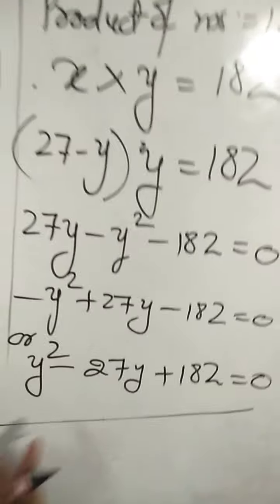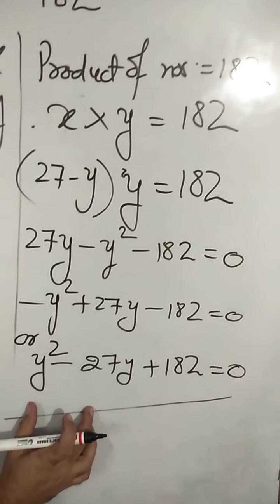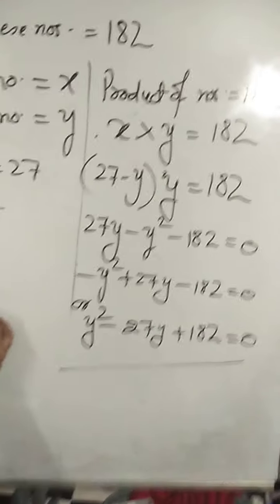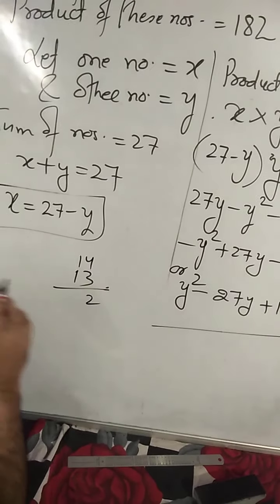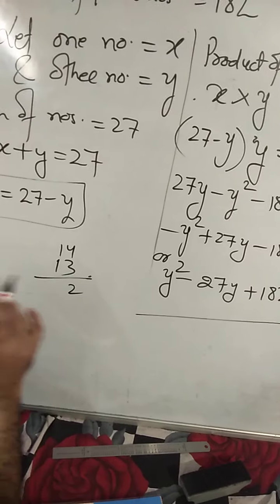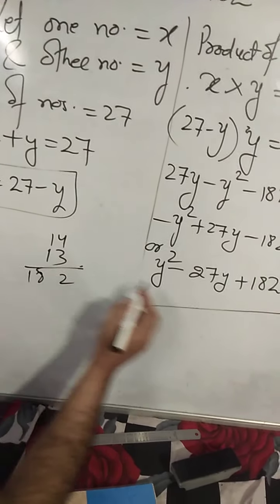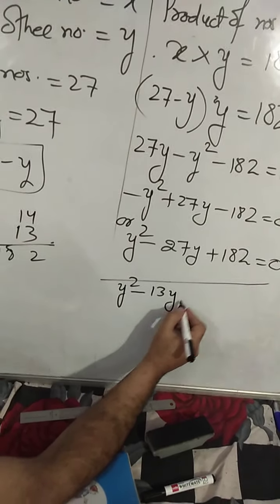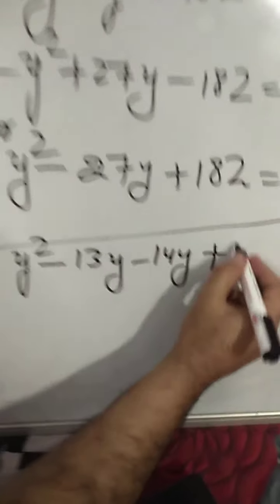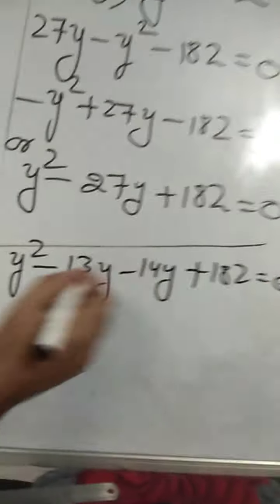Now split the middle term, you will get the two factors, and middle term splitting is 13 4s are 52 and 13 1s are 13, and 52 plus... 13 and 14 are the two numbers. y square minus 13y minus 14y plus 182 equal to 0.